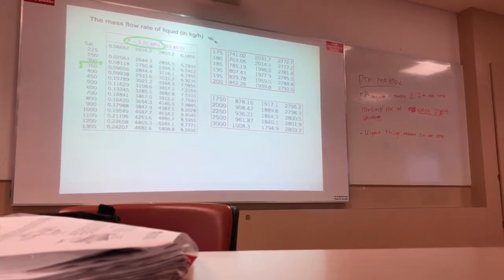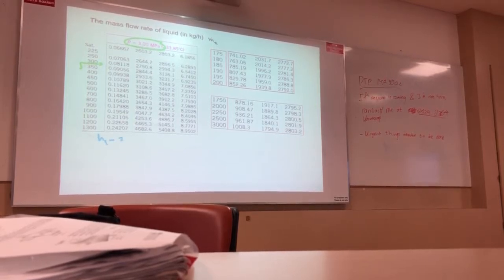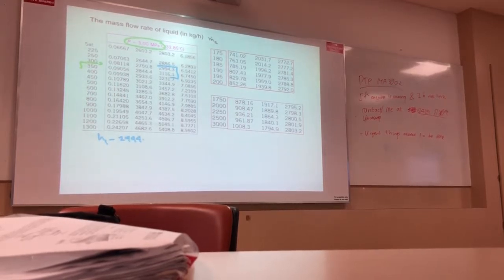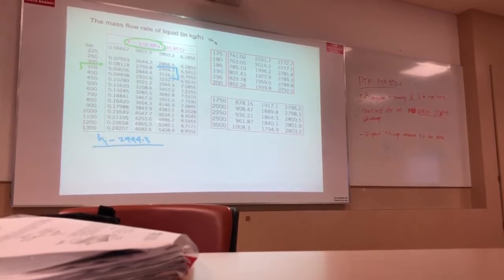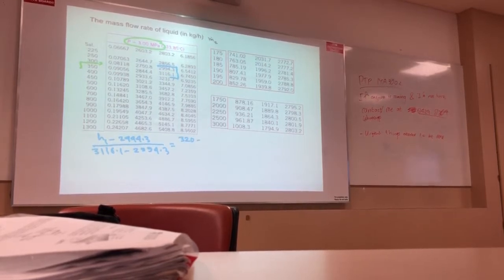That means h1 minus 2994.3, where h at 300 is 2994.3 and at 350 is 3116.1, is equivalent to the temperature ratio, 320 minus 300 over 350 minus 300.